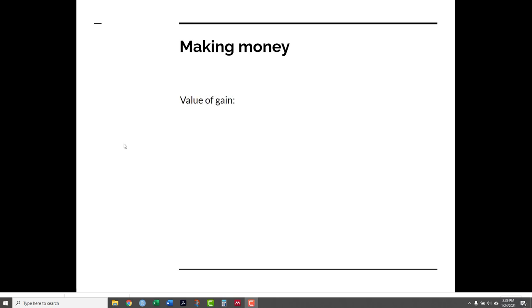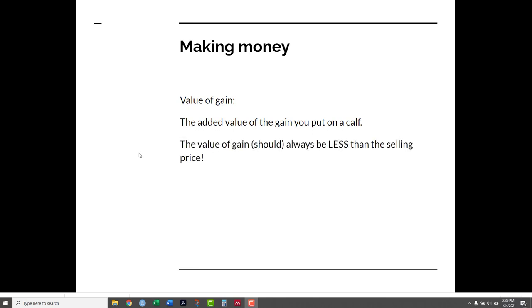Okay. So let's look at value of gain again and think about it this way. Remember that value of gain is the added value of the gain you put on a calf. And because there's almost always rollback in the price, the value of gain should always be less than the selling price. Okay, and if you're not convinced of that, you can go back and look at some of the numbers and try different examples, and you'll see that the value of gain of a set of calves is always less than their selling price.